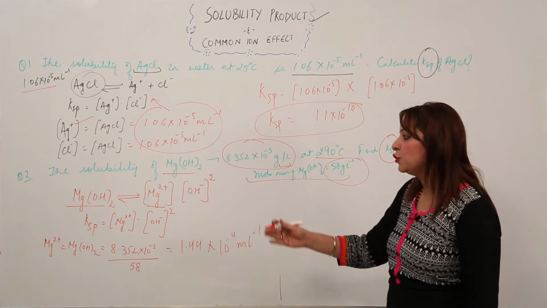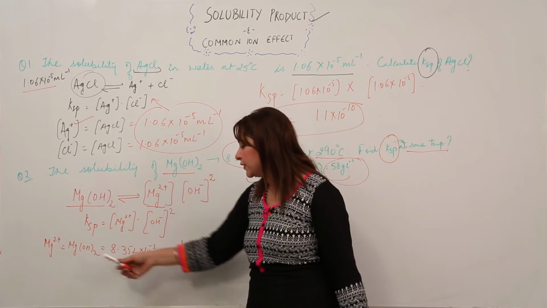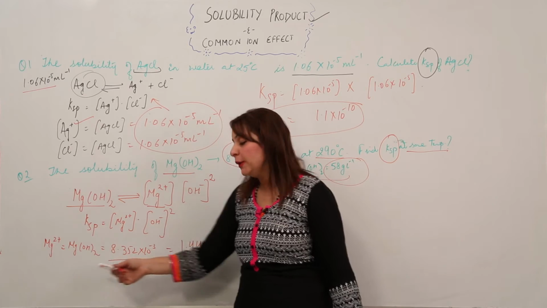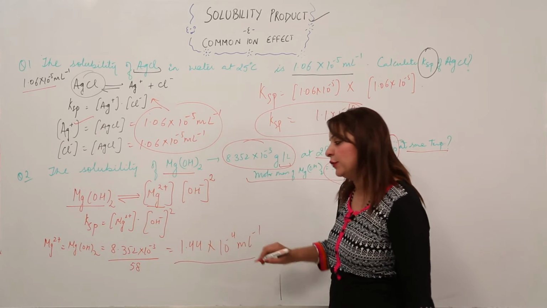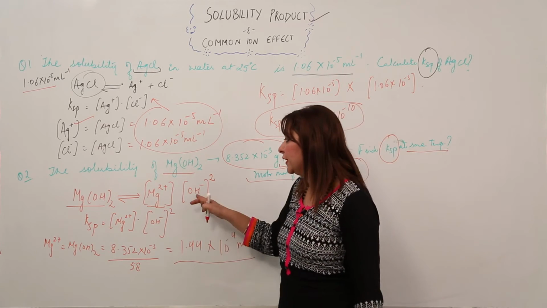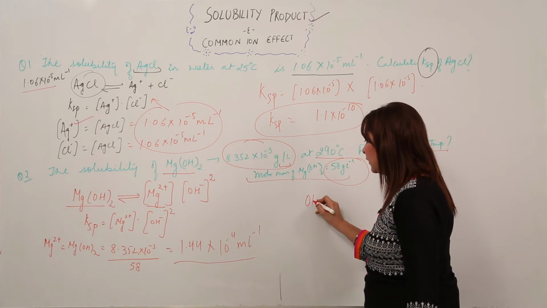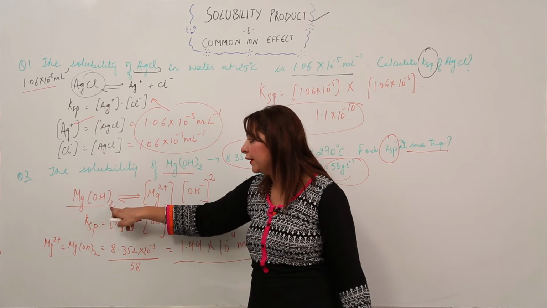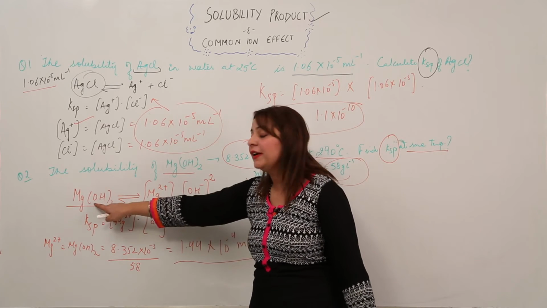So that means this Mg(OH)2 concentration is this, and the Mg2+ concentration is equal to this, because both are 1 mole. That means the same concentration, right? But now we'll look for the concentration of OH- ions. As we know, how many OH are involved? Obviously 2 OH, 2 moles, but here it is 1 mole.